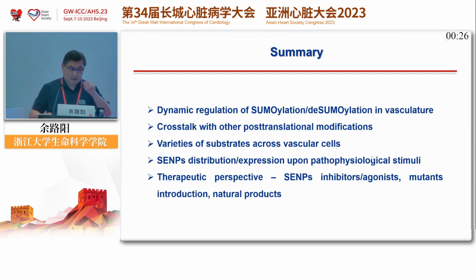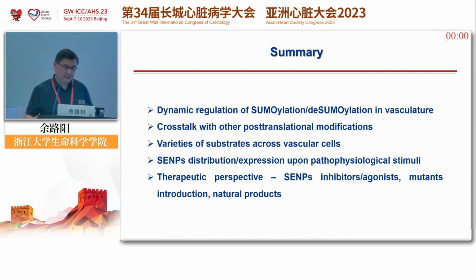So finally, just a brief summary of all these studies. Of course, we found some dynamic regulation, a SUMOylation-deSUMOylation switch in vasculature, and we think the future direction could be to focus more on the crosstalk with other PTMs. I mentioned there are varieties of substrates across the vascular cells, especially in endothelial cells so far.